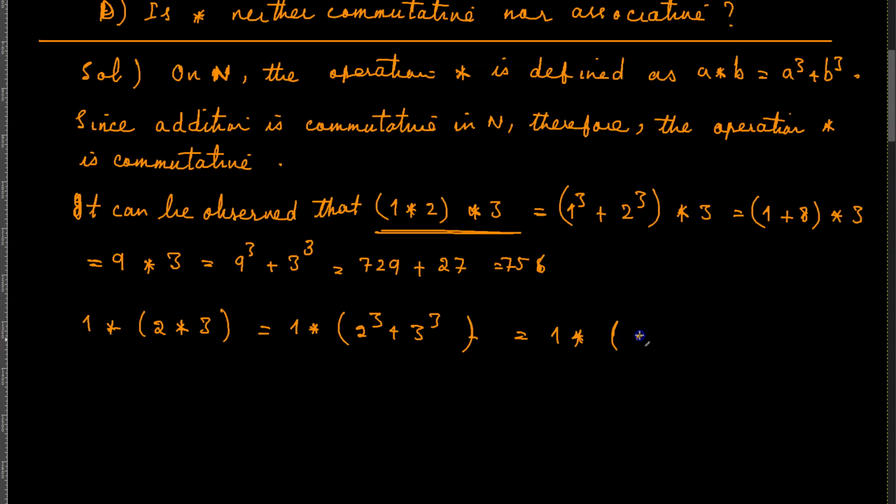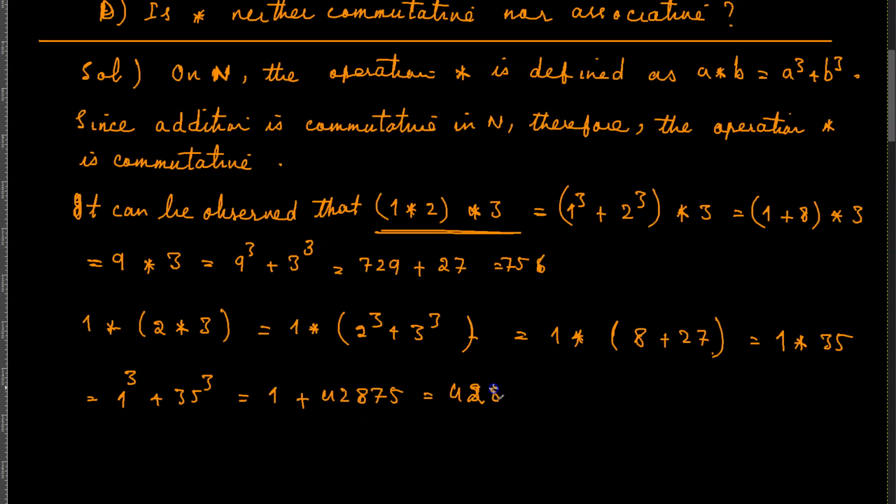Now 2 cube is equal to 8, 3 cube is equal to 27, 27 plus 8 is equal to 35. So it is 1 star 35, which is the same thing as 1 cube plus 35 cube, which is equal to 1 plus 35 cube, which is equal to 42,875, which is equal to 42,876.